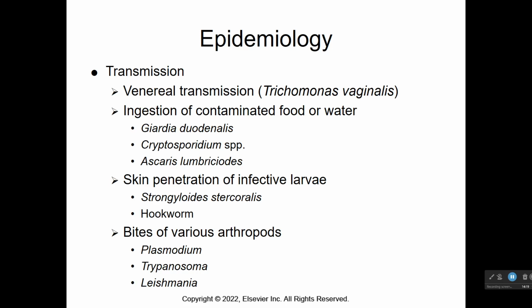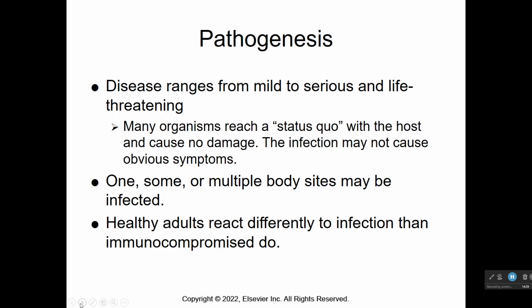Skin penetration: if the infective larvae penetrate our skin, such as Strongyloides or the hookworm. And bites. Some arthropods bite us. We get Plasmodium, Trypanosoma, Leishmania. And we'll go through all of these again when we talk about the specific organisms, how they're transmitted.